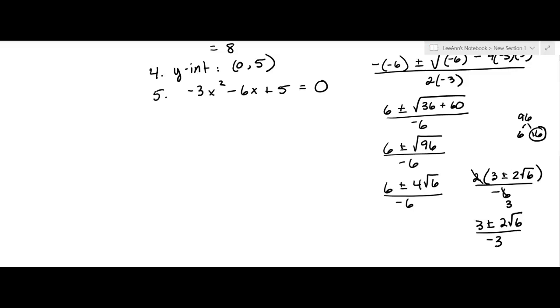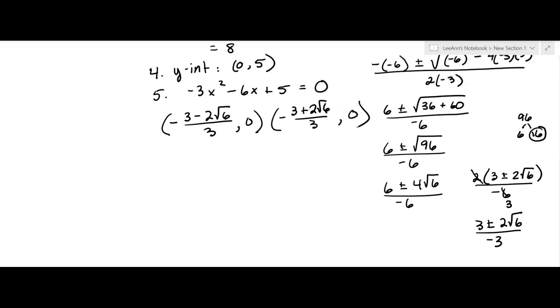I don't really like that, but that's what I'm coming up with. So I'm going to go to a calculator anyway, but I would have, and maybe this isn't the best way to write it, negative 3 minus 2 times the square root of 6 over 3 comma 0. And then the other one's going to be negative. Notice I'm putting the negative out front. 3 plus 2 times the square root of 6 over 3 comma 0. So this is what I get for wanting to do an upside down one.